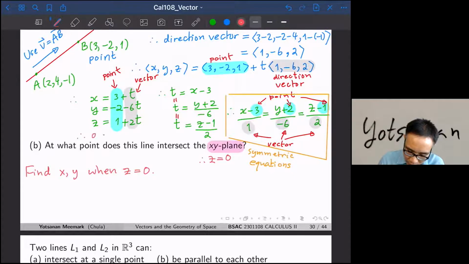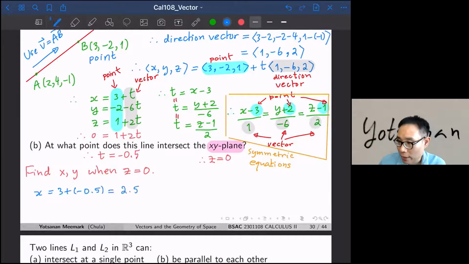You get 0 equal to 1 plus 2t. This allows you to solve for t equal to negative 1/2, so t equals negative 0.5. Then x equals 3 plus negative 0.5, so it's going to be 2.5.